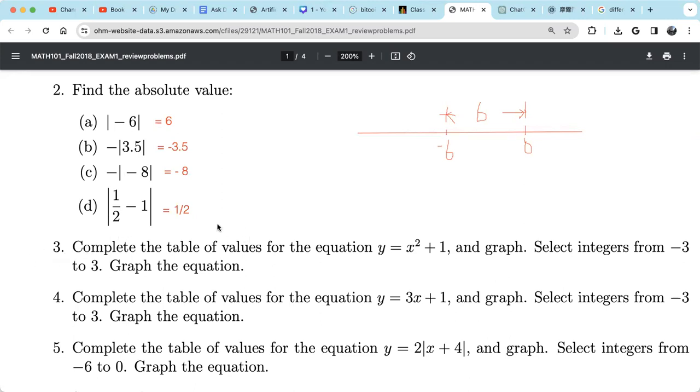Now let's see 3. Complete the table of values for the equation y equals x² + 1 and graph. Select integers from -3 to 3. So let me erase the other things and make a table. Pick some values from -3 to 3.